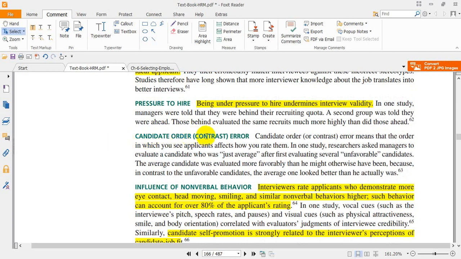Candidate order or contrast error means that the order in which you see applicants affects how you rate them.